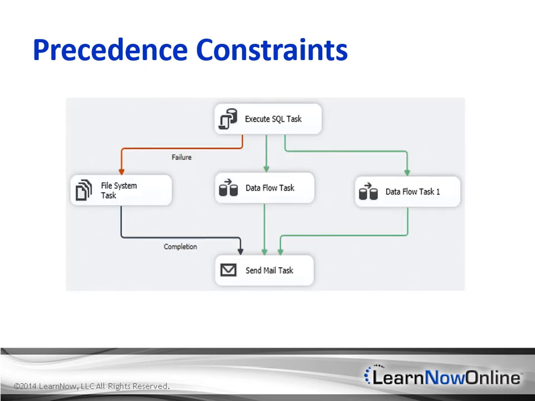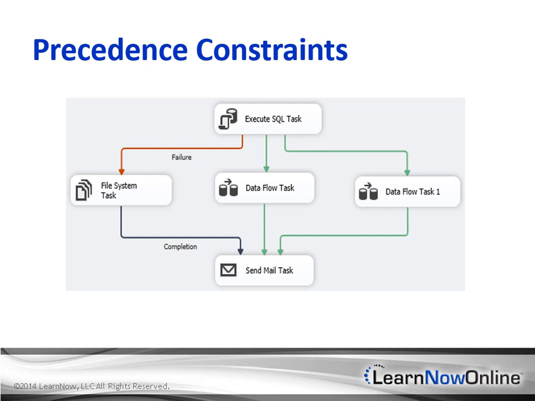And here is an example of several tasks with precedence constraints. Again, the error constraint in the upper left is red, and it shows failure. That means that if anything goes wrong with the execute SQL task, the flow is going to go along that failure path. And then there's some sort of file system task that's defined in order to handle that failure. And continuing on the left side, when that file system task completes, then there's an email that is sent, which is the task at the bottom of the figure.